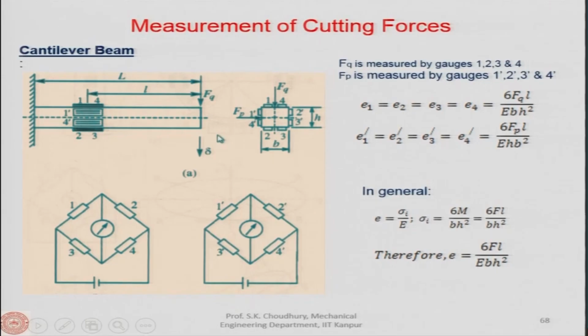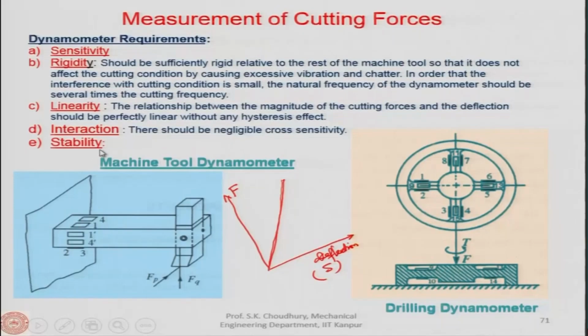So, this is the cross sensitivity: when you are measuring one force, it will be sensed only by a particular set of transducers or gauges, and other gauges will not be affected. Next is the stability.